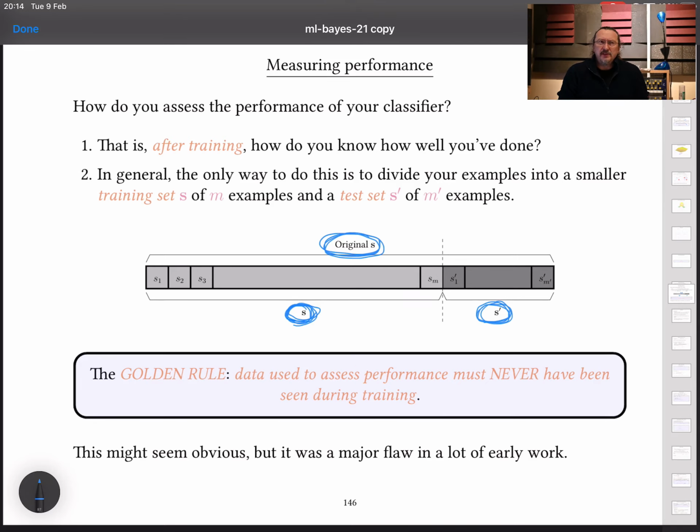But you will still sometimes see people not adhering to this golden rule. If you use data during training which you then later use during the assessment of the performance of your system, you are going to tend to bias your results towards the positive, towards being better than they really are. So this is definitely to be avoided.